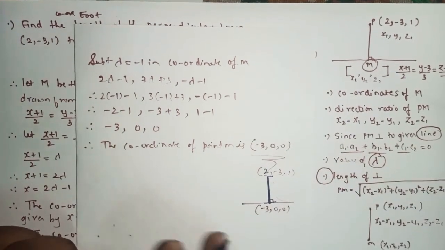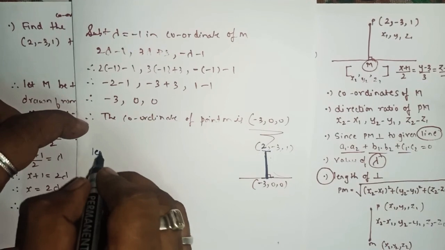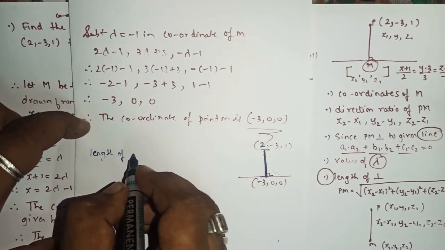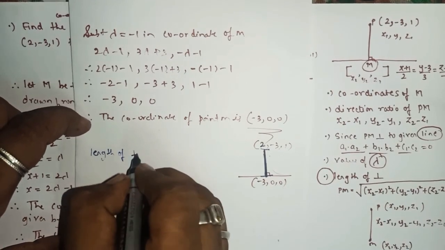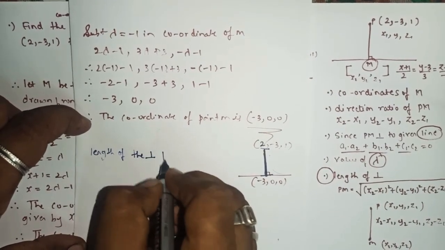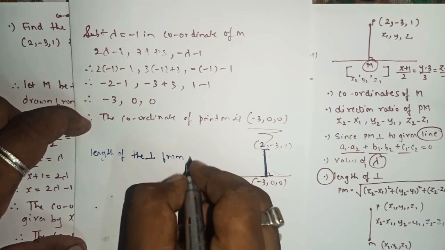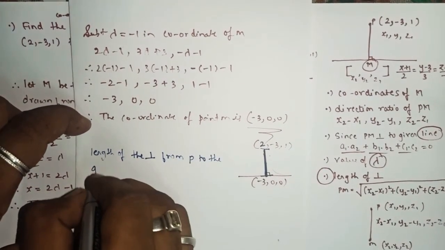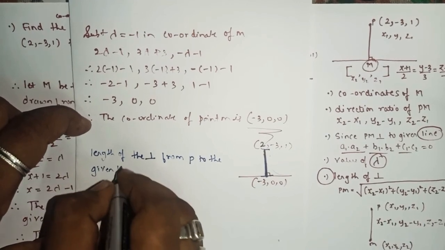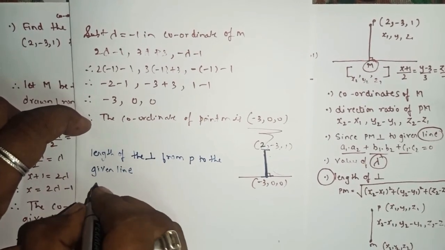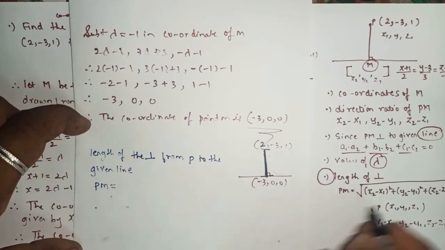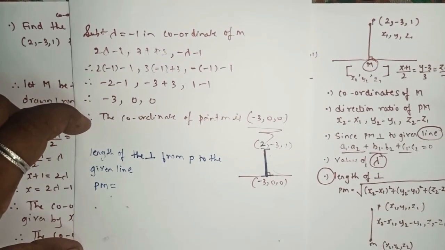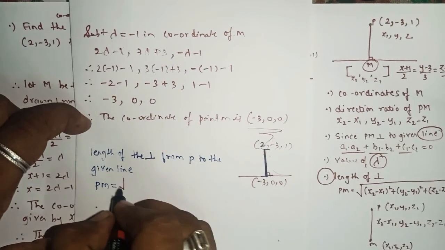To find the length of the perpendicular from P to the given line, PM is equal to, we will use the concept of the distance formula.